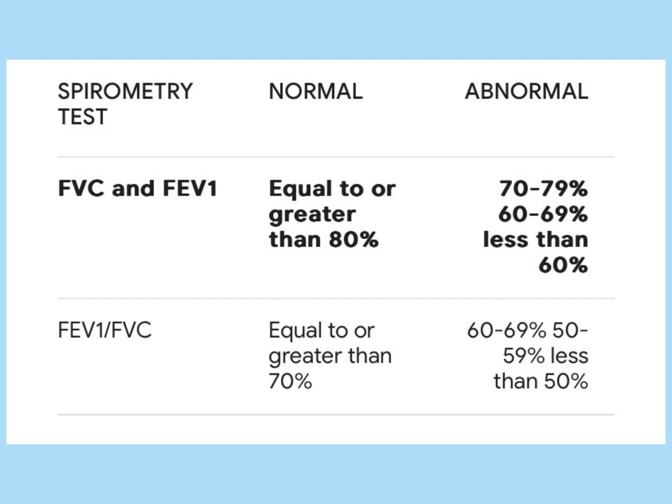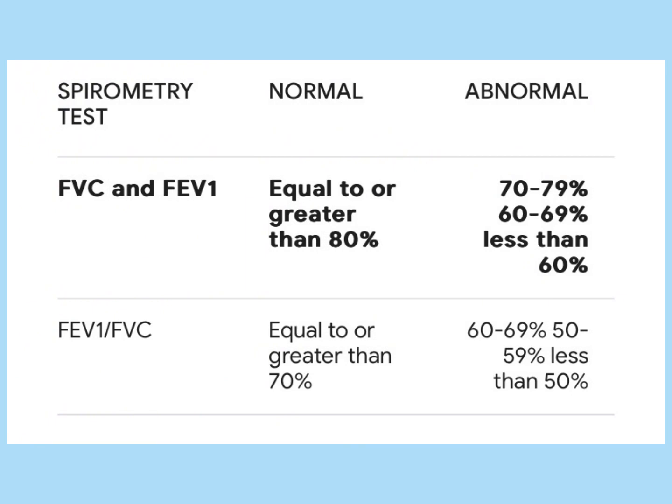I'm not going into detail on that because asthma classification in clinical settings does not always go by the FEV1/FVC ratio. In a spirometry test, FVC and FEV1 equal to or greater than 80% is normal and less than 80% is abnormal.